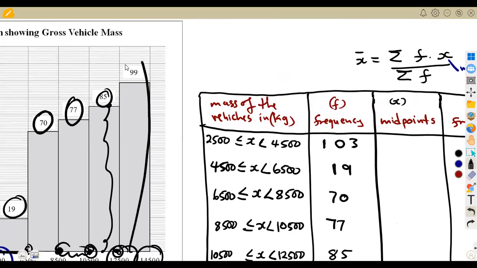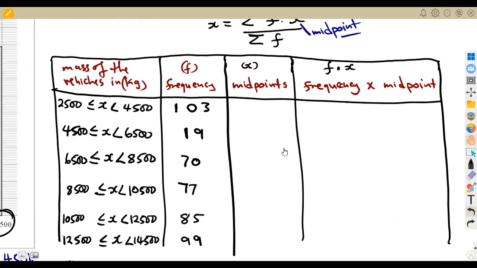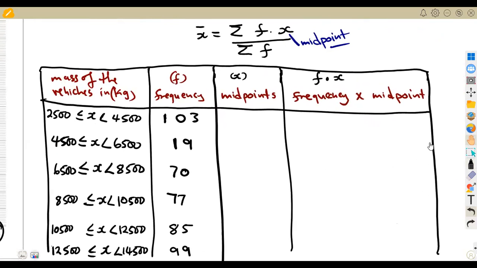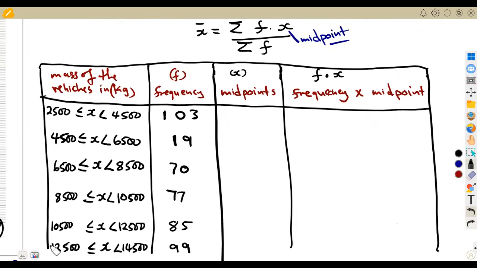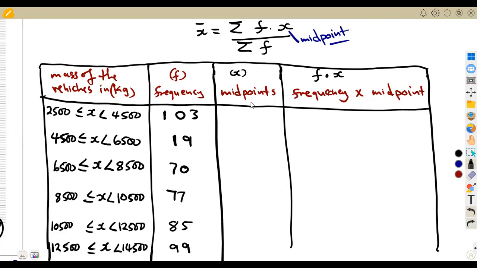So that's the information that you need from that histogram. The purpose of the histogram was for you to take this information, which you then use to calculate whatever follows. We've got the midpoints.